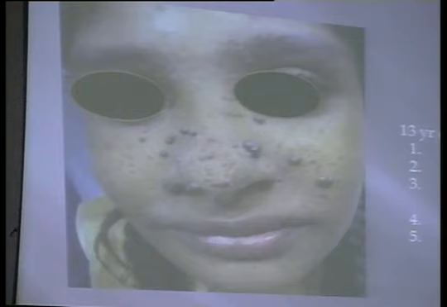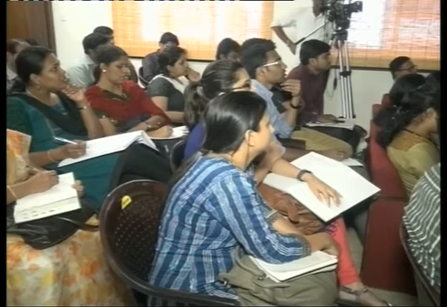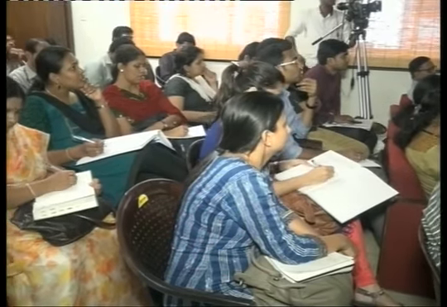Adenoma sebaceum is actually a misnomer. It has got nothing to do with the sebaceous gland. It is just like another hamartoma. Which condition do you commonly see adenoma sebaceum in? Tuberous sclerosis. Any other condition?